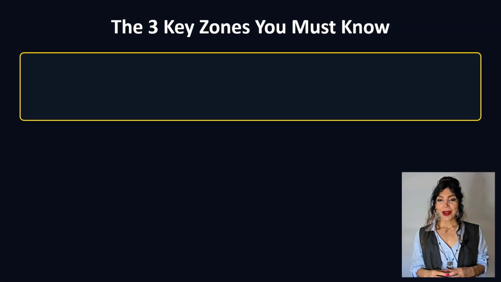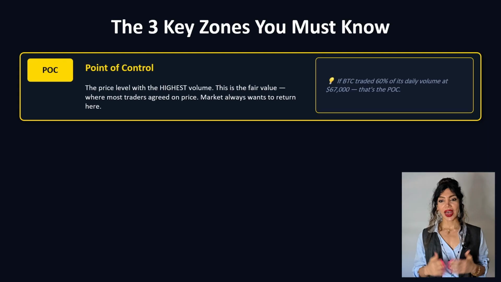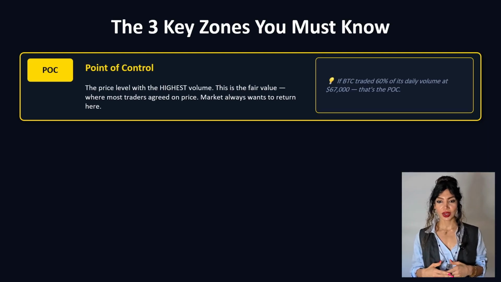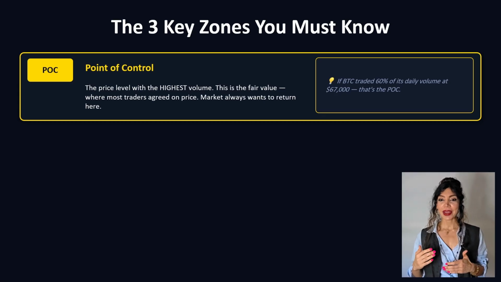Now, let's talk about the 3 zones you absolutely must know. Zone number 1, the POC, point of control. This is the price level with the highest volume in your selected range, the longest bar on your volume profile. This is what the market considers fair value.